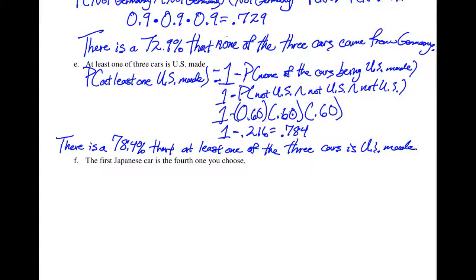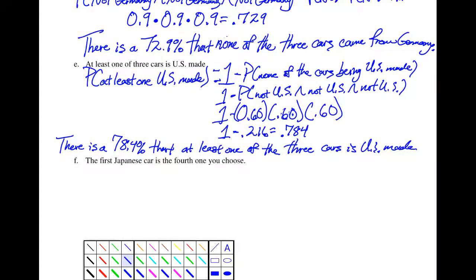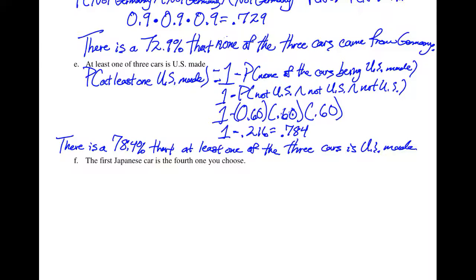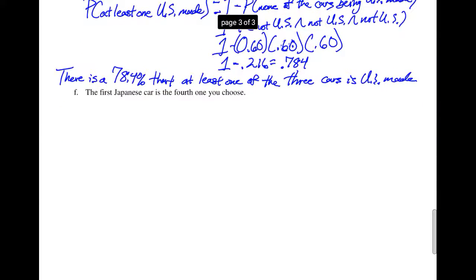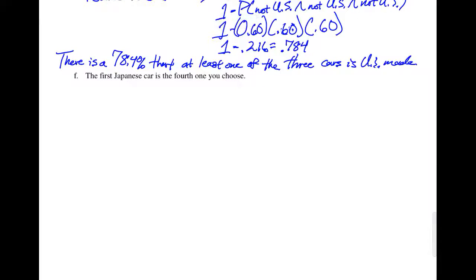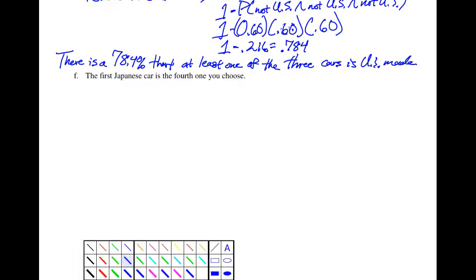Finally, on to part F. Part F asks you to find what is the probability that the first Japanese car you choose is the fourth one. So that is asking us to find the chance that the fourth car will be Japanese, but the first three before that won't be.